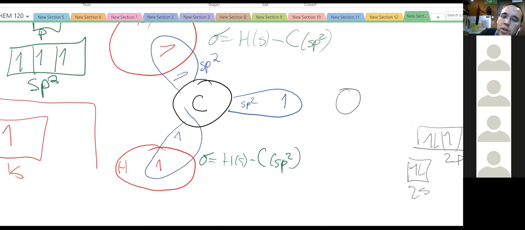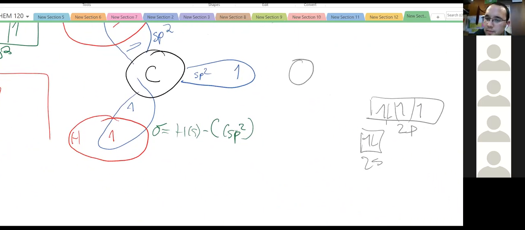So we're going to form the first one first. Something from that oxygen is going to overlap with that sp2 of that carbon. Is that going to form the sigma bond or the pi bond? It'll be our sigma. Very good, it's going to be our sigma bond.